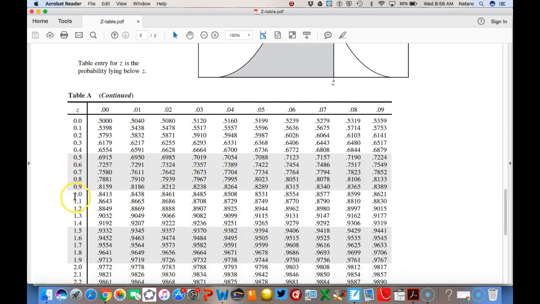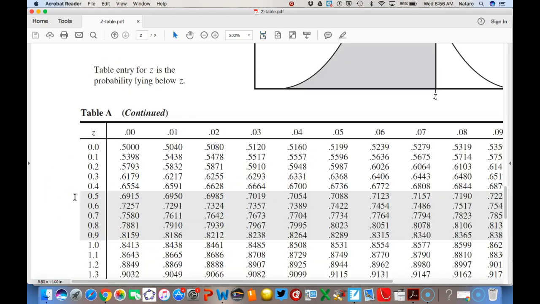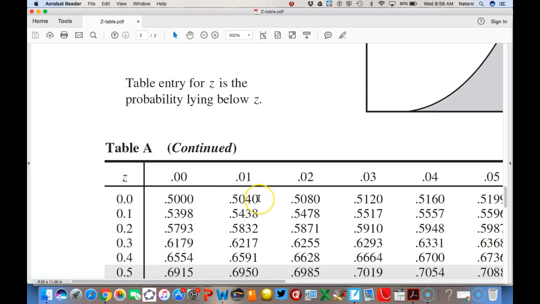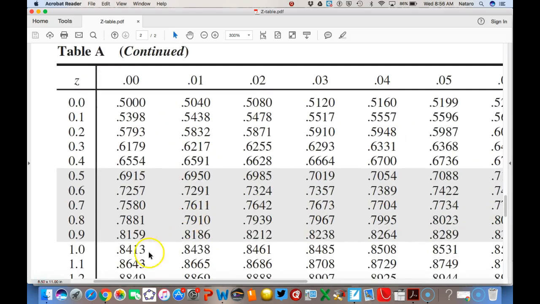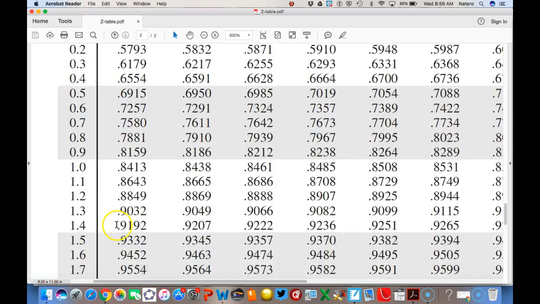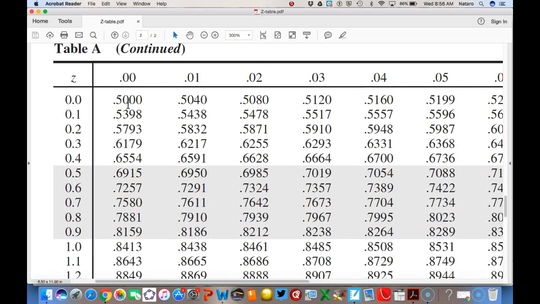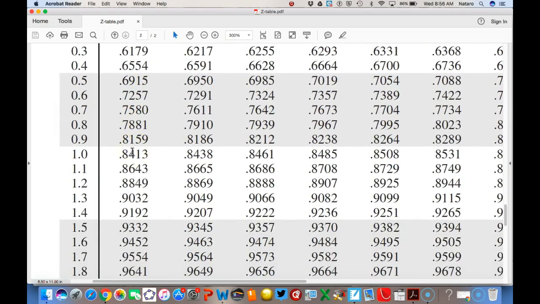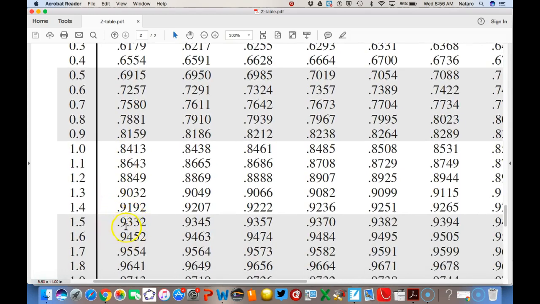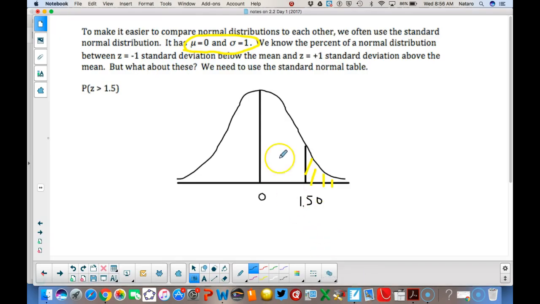So 1 is here, and then 1.5, and then 0 is the second decimal place, which I can see at the top here. So we're talking about a value of 0.9332, but remember, that's the area to the left of this cutoff.